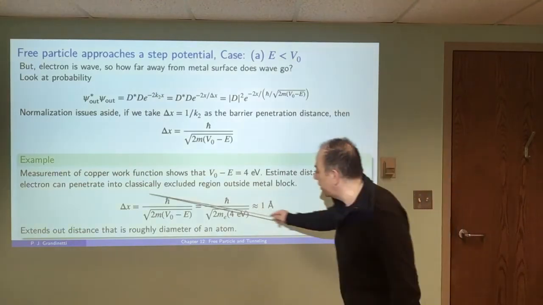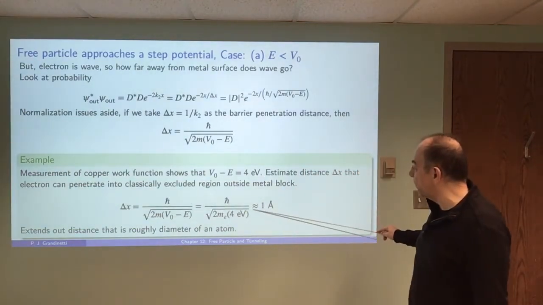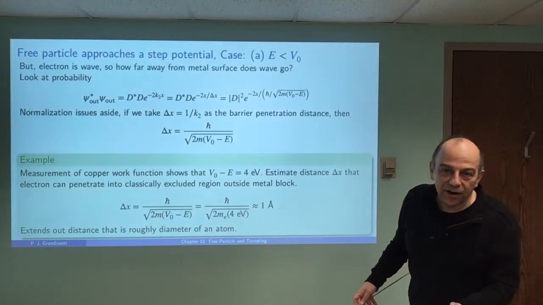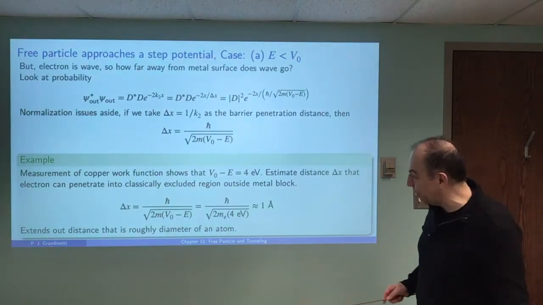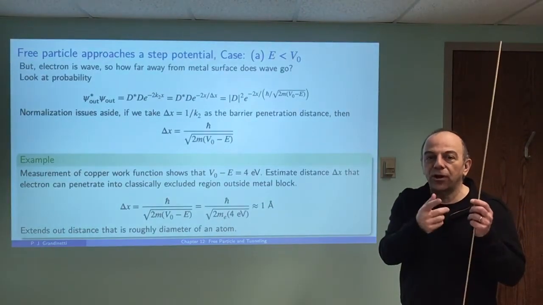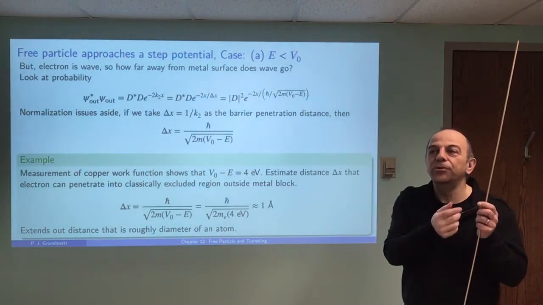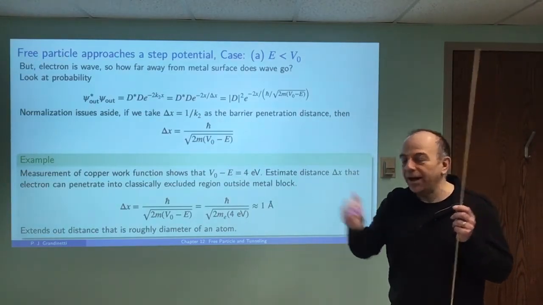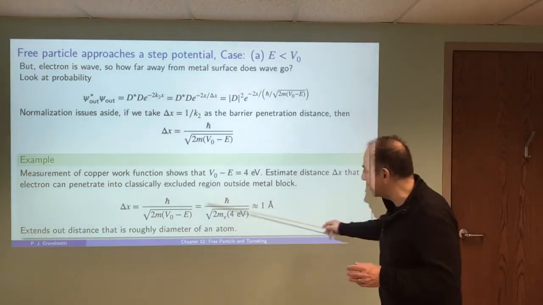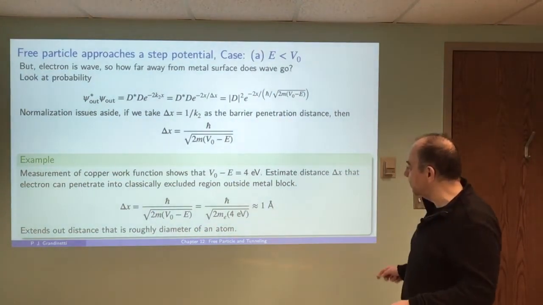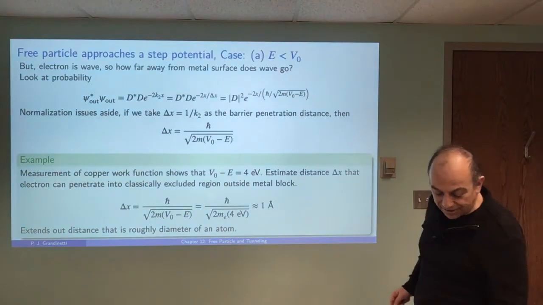In this case, with 4 electron volts, you get a distance of about 1 angstrom. That doesn't seem very far, but it is actually on the order of the length of an atom. For an electron that's bound to nuclei, you don't think they would go a whole atom away, but in fact, as it hits the surface, it can extend out a sizable distance compared to the size of an atom.